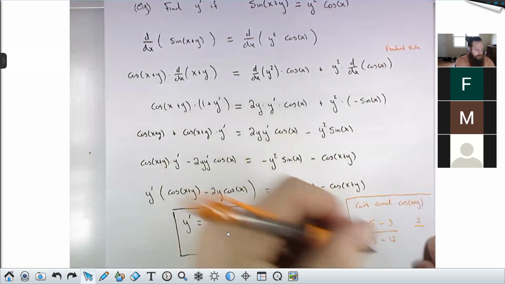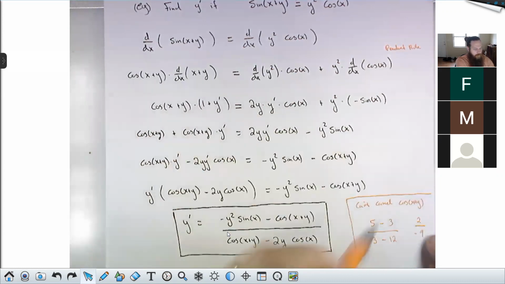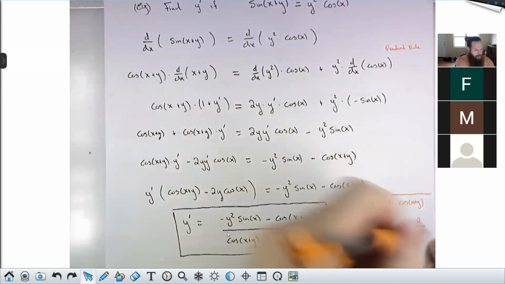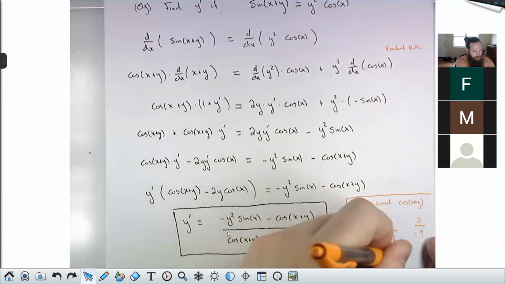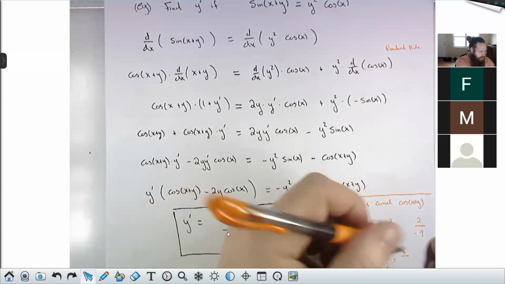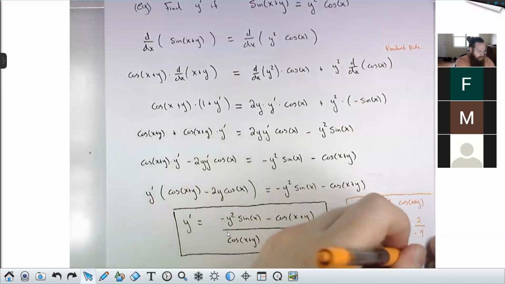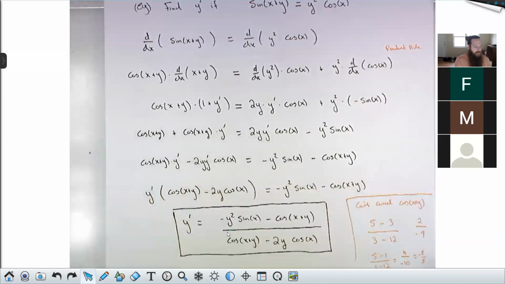That's negative 9. But if you canceled the 3's, you'd have 5 minus 1 over 1 minus 12. And those certainly aren't the same. That's 4 over 1 minus 12 is negative 10, right? Super duper not the same. This is negative 2/5. That's 2/9. So they're very different answers, right?